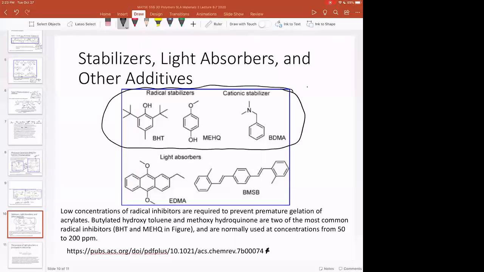basically these prevent resin from polymerizing in the bottle. Or they prevent the resin from polymerizing when you just take it out of the bottle and you expose it to light in the room.